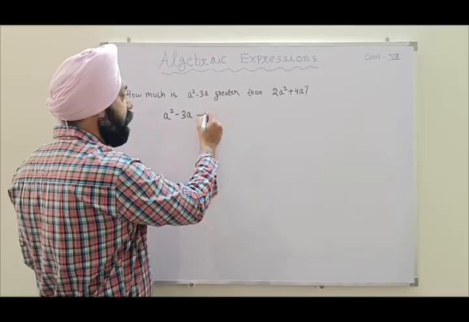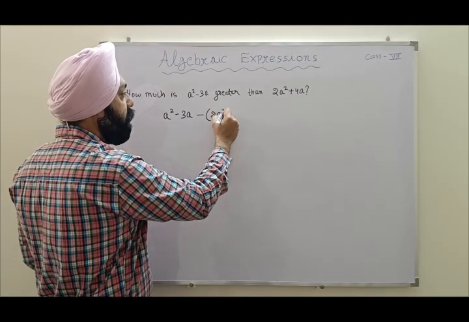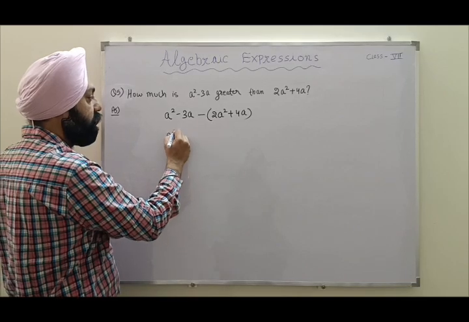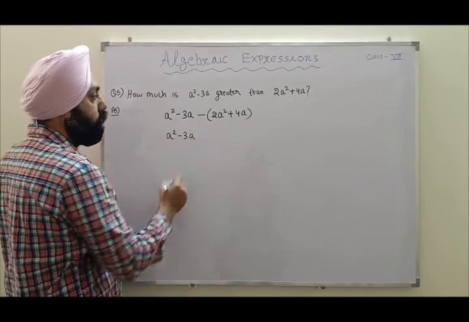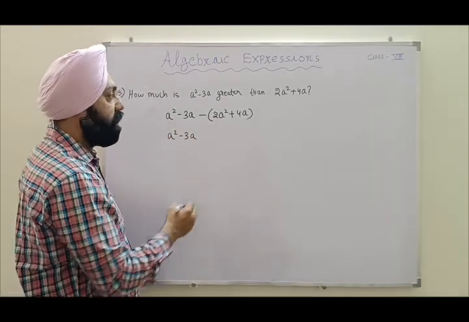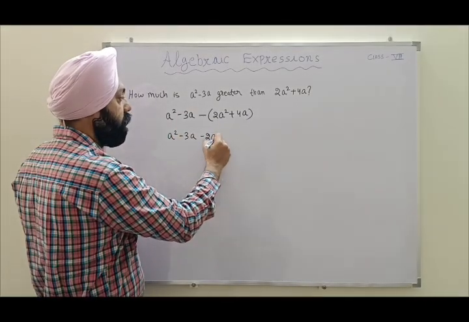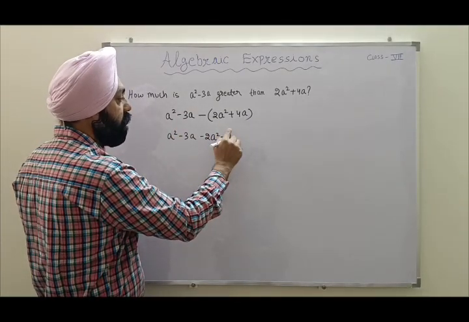That's it. So minus 2a square plus 4. Open the bracket, combine the like terms. Minus 3a. I have told you also that whenever there is a negative sign before the bracket, all the signs will change. So it is minus 2a square minus 4a.